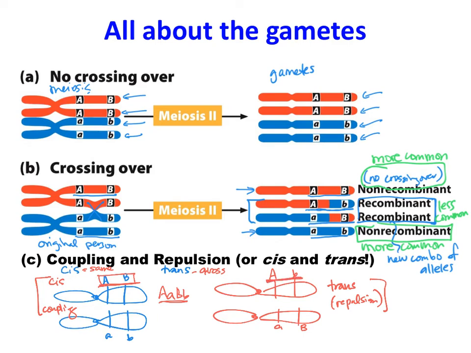The alleles are different from one another. Or another way to think about it is the big A and the big B are opposite or across from one another. So coupling and repulsion is just a way of naming the orientation of the chromosomes, or rather of the alleles on the chromosomes.